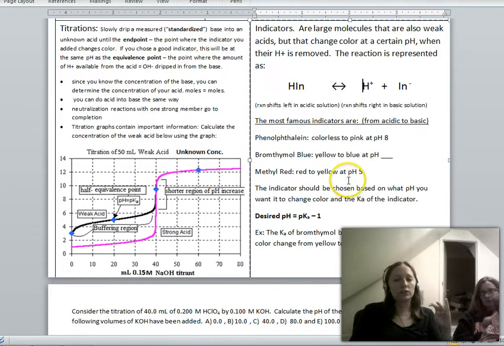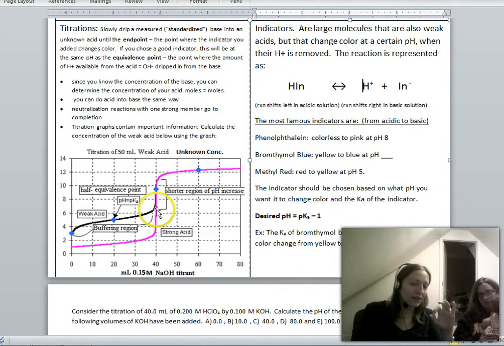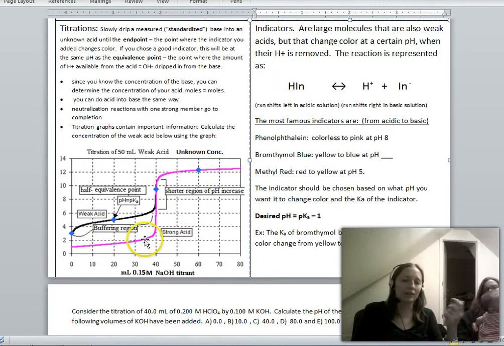And one thing that you need to do, when you're doing a titration, is you have to choose an indicator that switches colors at the pH of the equivalence point. Got it. Because if you pick, let's say for example, an indicator that switches colors at pH 13, you're going to do this whole titration, and let's say that it goes from yellow to red.